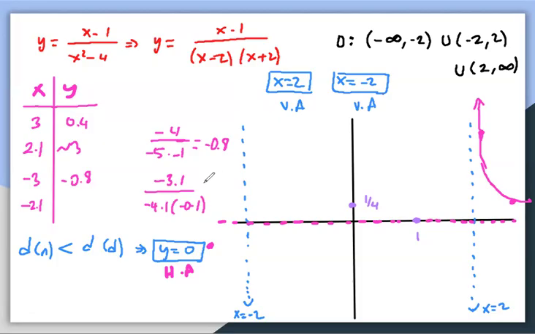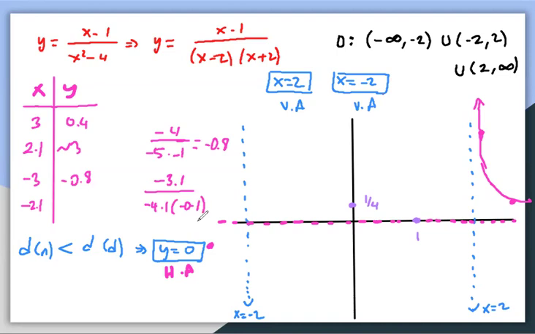I'll just plug into the calculator for this part. Divide by 4.1, I'll take the signs after. And then divide this by 0.1. Let me check that.